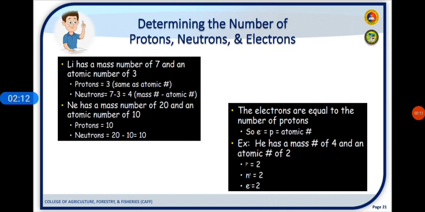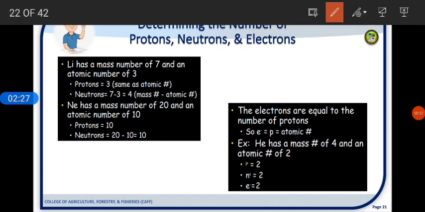Now, let's have some examples in determining the number of protons, neutrons, and electrons. Li, or lithium, has a mass number of 7 and an atomic number of 3. Okay? So, since it has an atomic number of 3, it is understood that the number of protons is also 3, same as the atomic number.